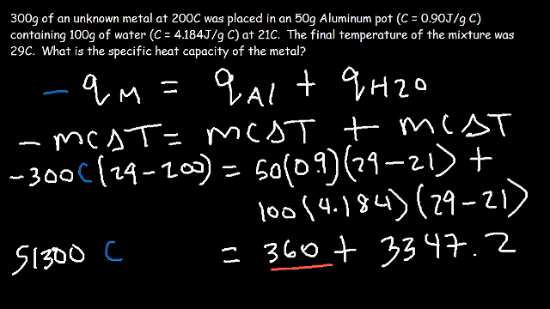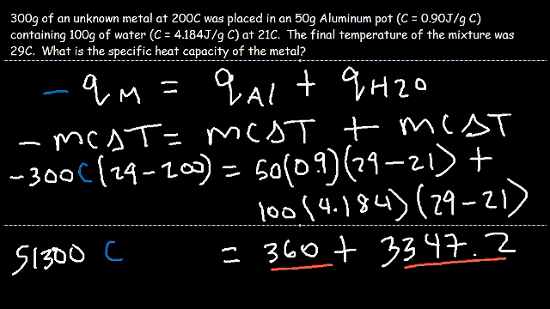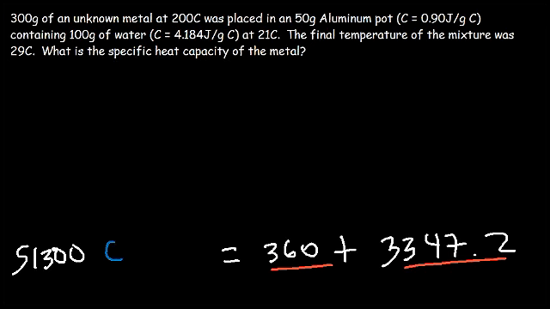So now let's add these two values. 360 plus 3347.2, that's 3707.2.